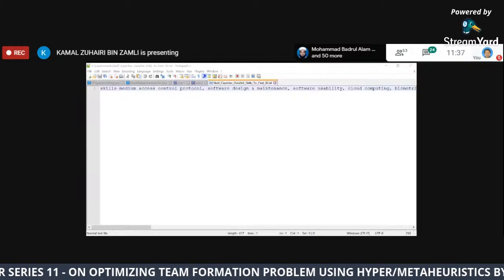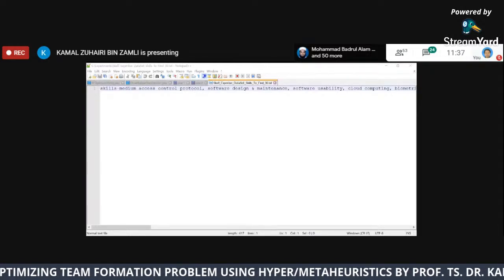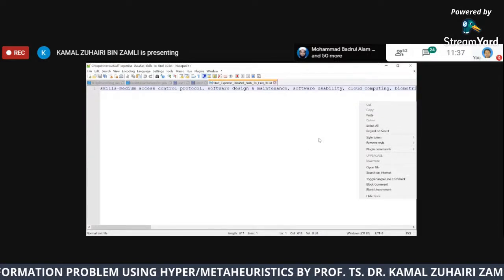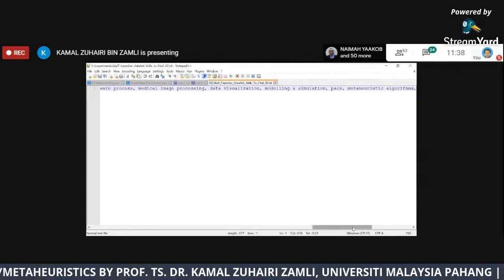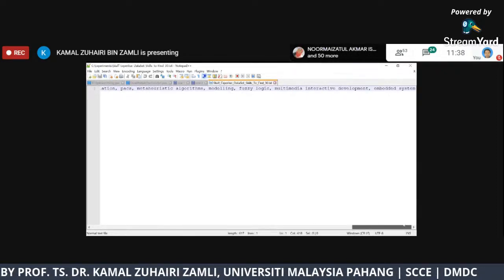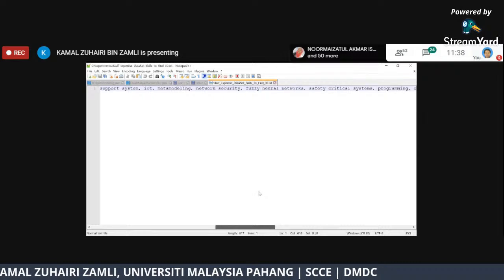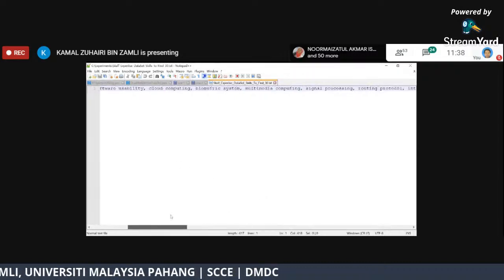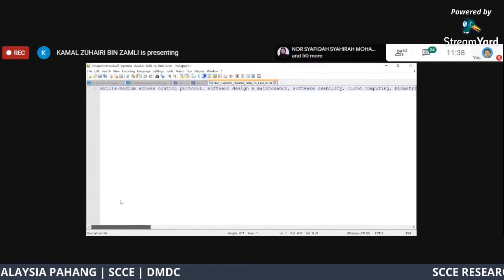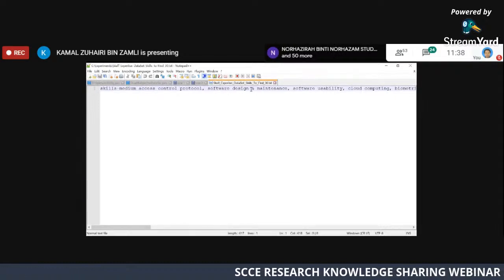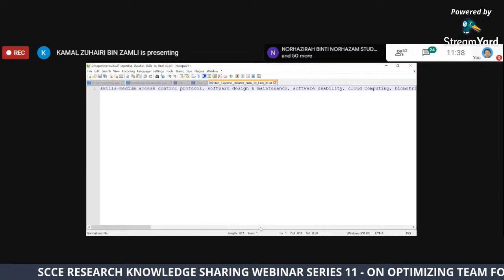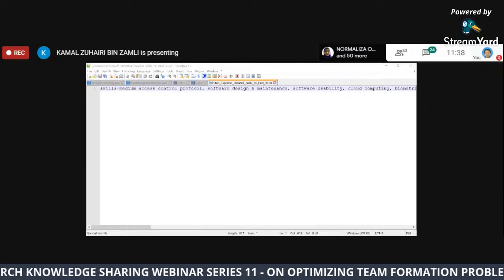This is 30. You can see on the screen here, the 30 staff, 30 expertise that we are looking for. You see the screen, the white screen, isn't it? Yes. This is the staff expertise that we're looking for: 30 expertise, medium process control, software maintenance, software usability, cloud computing, biometric. And this is the one that we are running now.